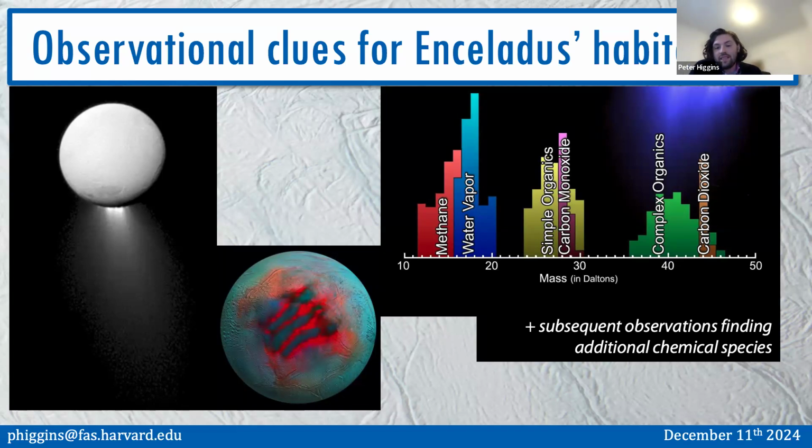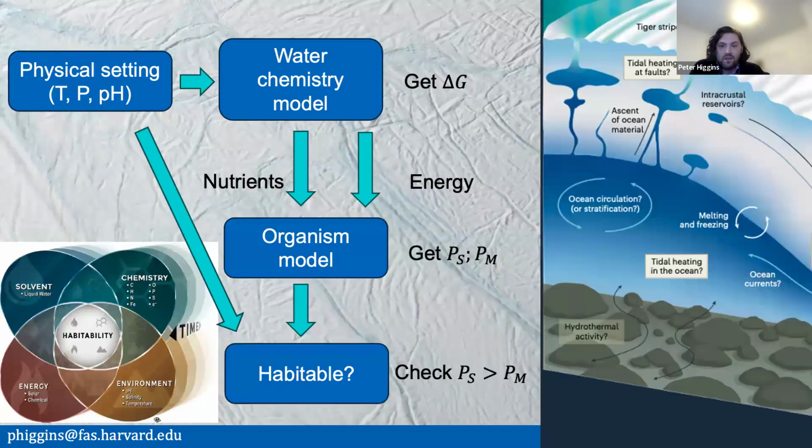And then its cosmic dust analyzer observed ice grains that are thought to originate from these plumes and helped constrain the key salts that make up their source. These things together were then used to infer the composition of Enceladus' seawater, which incidentally is one of the first steps on our habitability modeling framework.